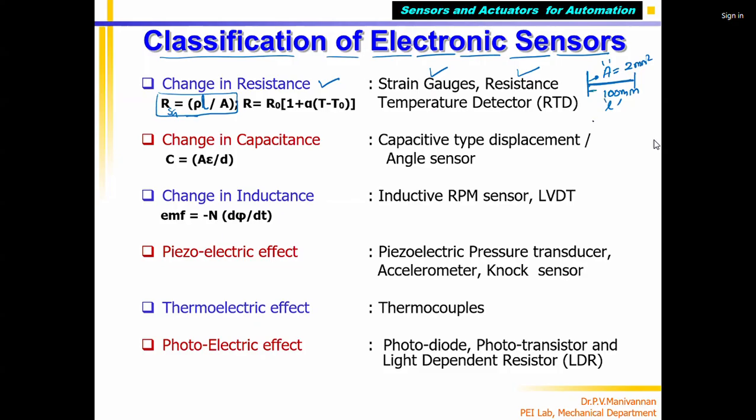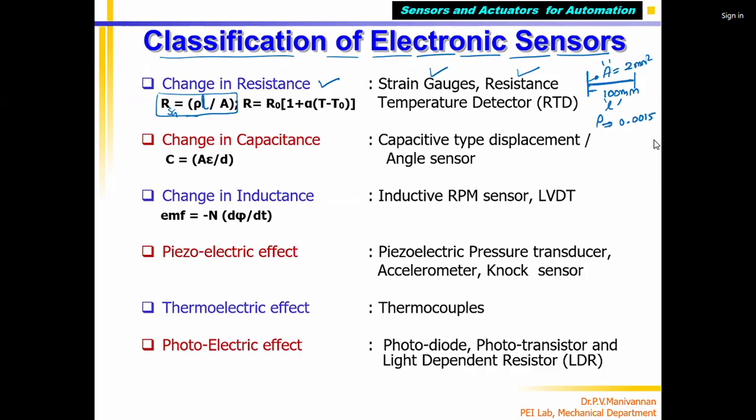Generally it's not made of copper. It is some other special material, and the company generally keeps it a secret, but the composition you can generally find out. So for example, we call the resistivity rho, for example, 0.0015, something like that.